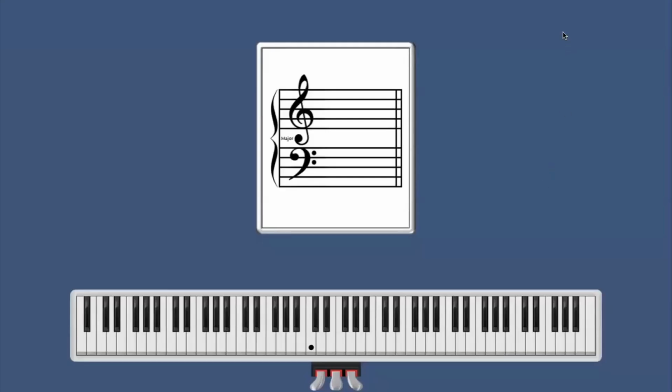So now I want to give you a note that is not a home note, and I want you to tell me what your closest home note to that note is. Are you ready? Okay, that note. What's your closest home note?